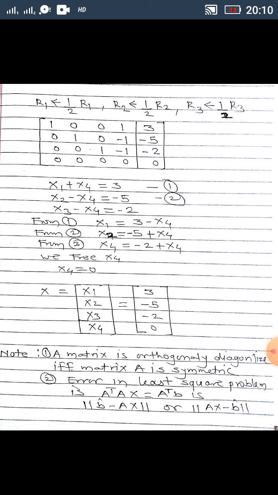A matrix is orthogonally diagonalizable if and only if the matrix is symmetric. The matrix should be symmetric, we can say that. The error of the least squares problem A transpose AX is equal to A transpose B is given by norm of B minus AX or norm of AX minus B.